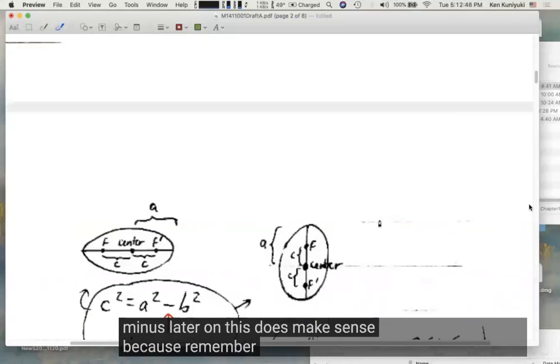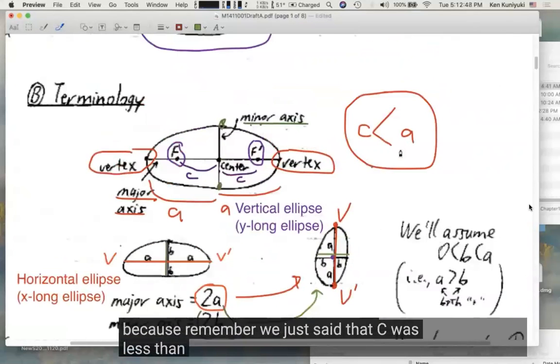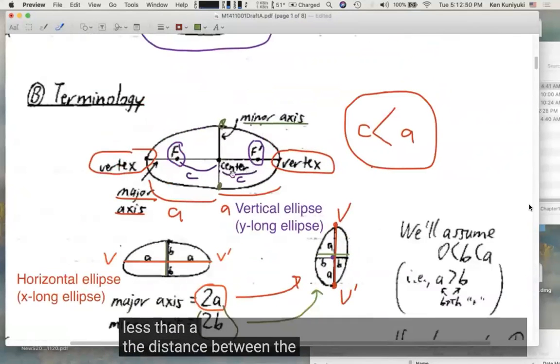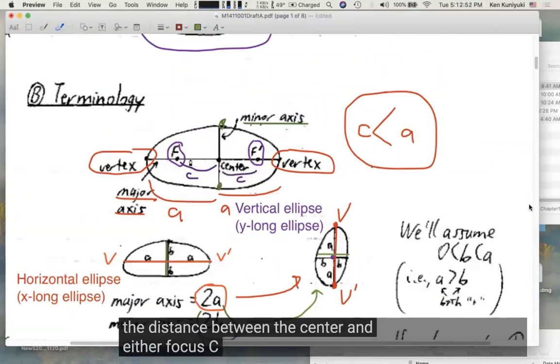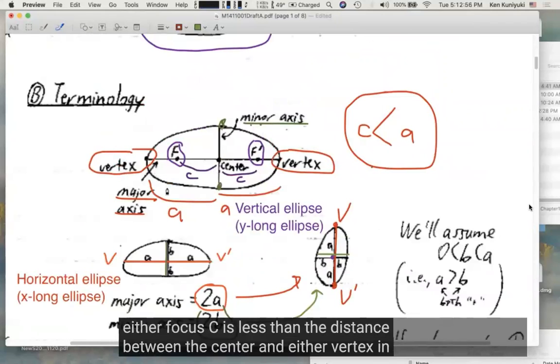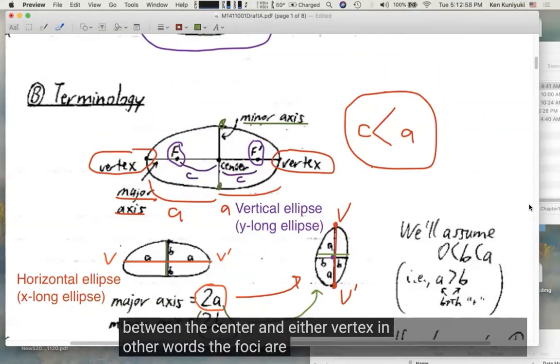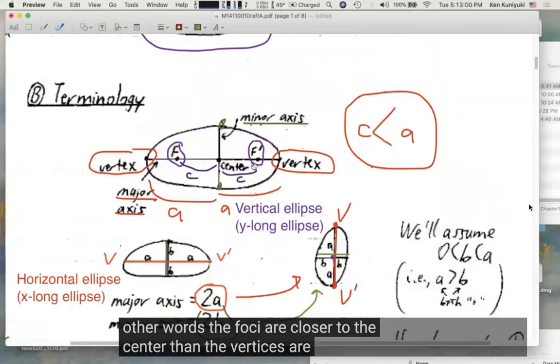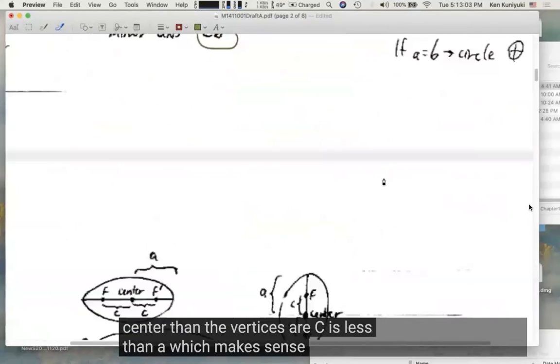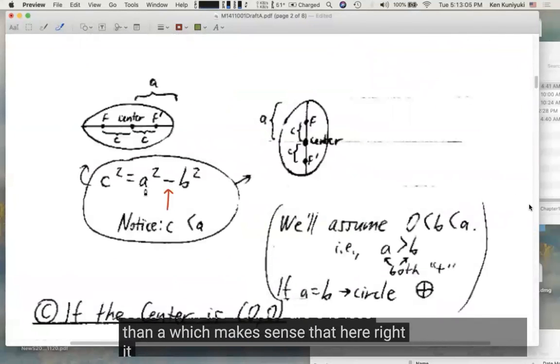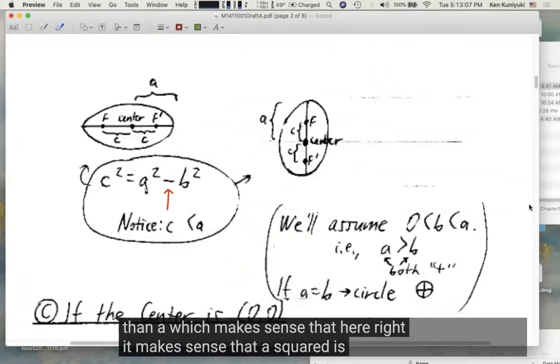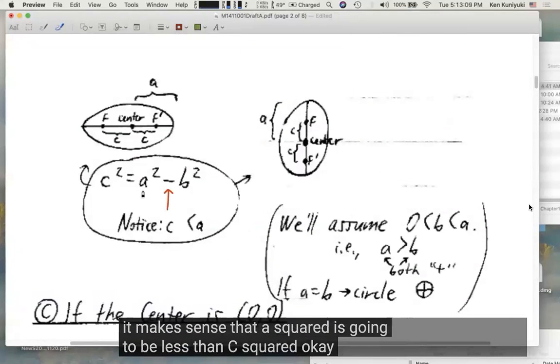This does make sense because remember, we just said that C was less than A, right? The distance between the center and either focus, C, is less than the distance between the center and either vertex. In other words, the foci are closer to the center than the vertices are. C is less than A, which makes sense. It makes sense that C squared is going to be less than A squared, okay?